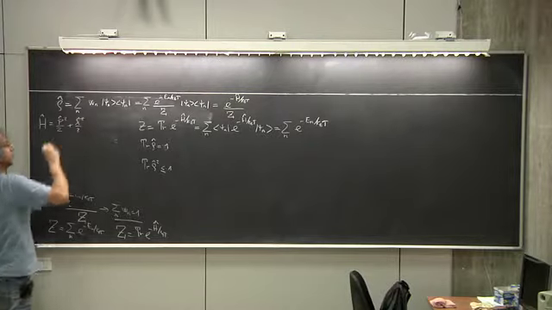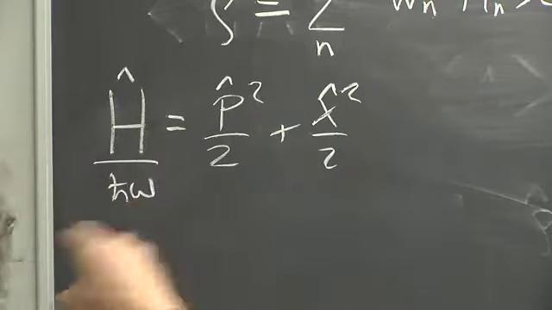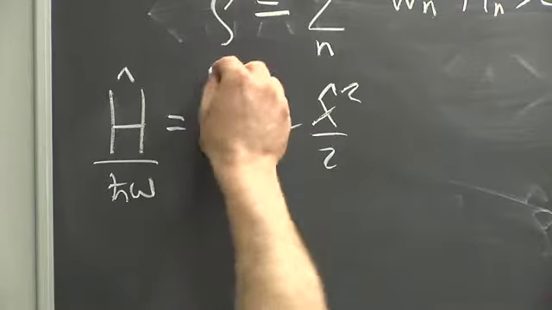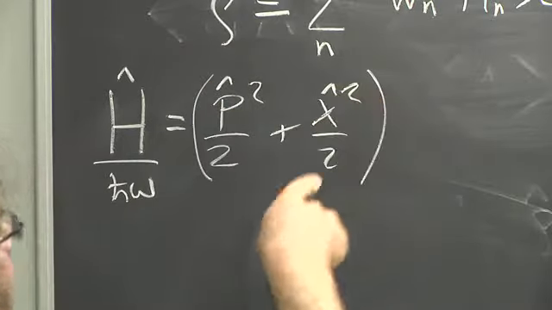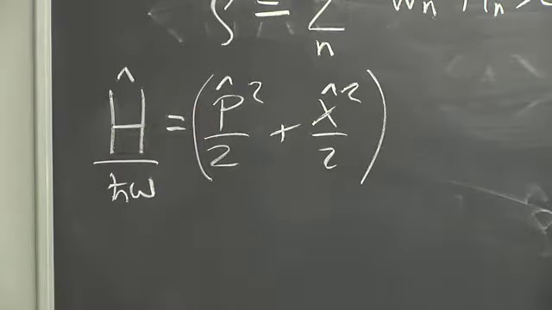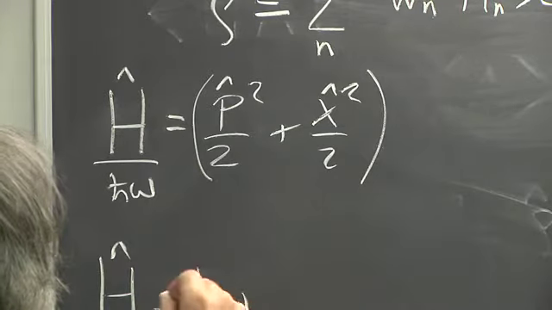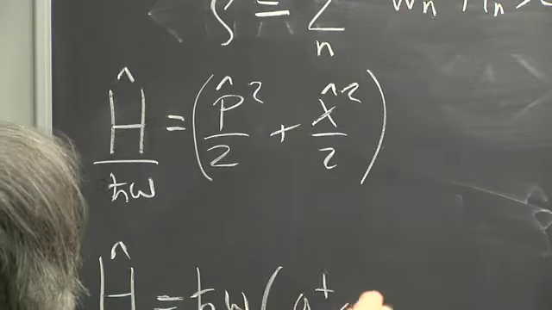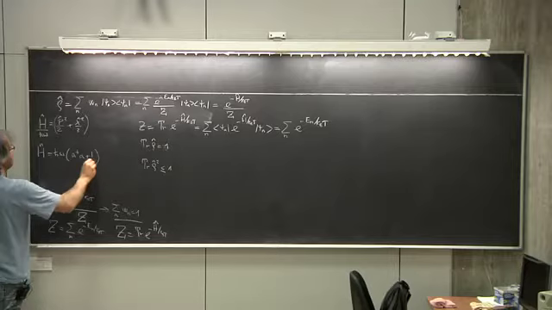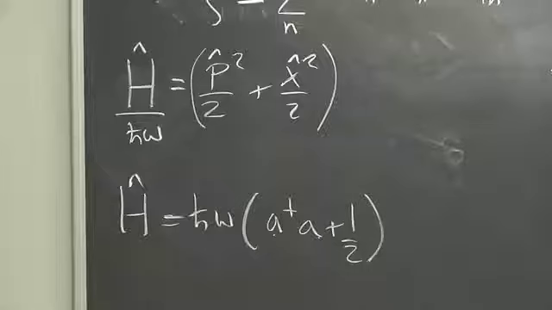Okay? So our beloved harmonic oscillator in units in which, let me put h bar omega in the denominator here. Okay, so x and p have been made dimensionless, but obviously there is an h bar omega in front of everything. So another way of writing this is just h bar omega times a dagger a plus 1/2 in the representation of a and a dagger. Okay.